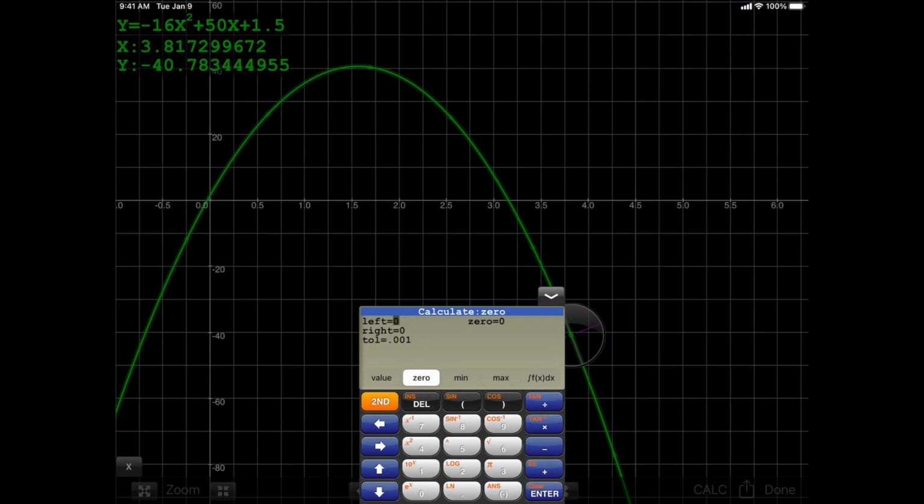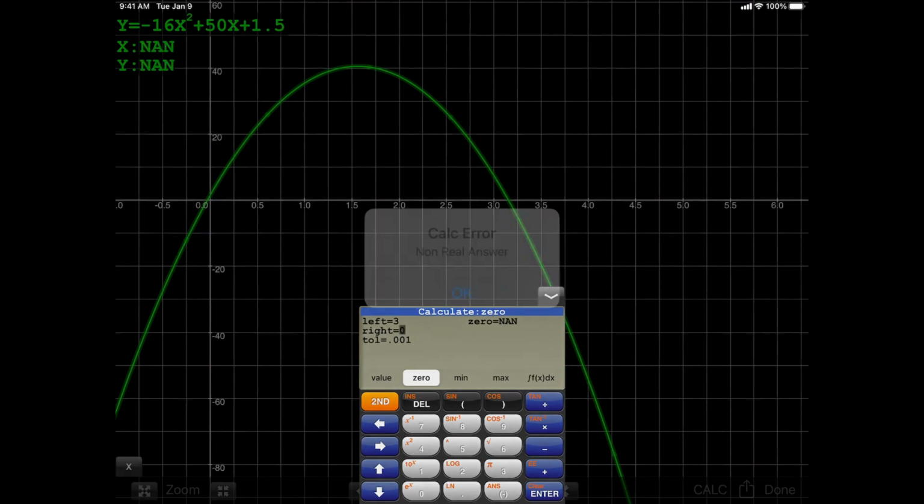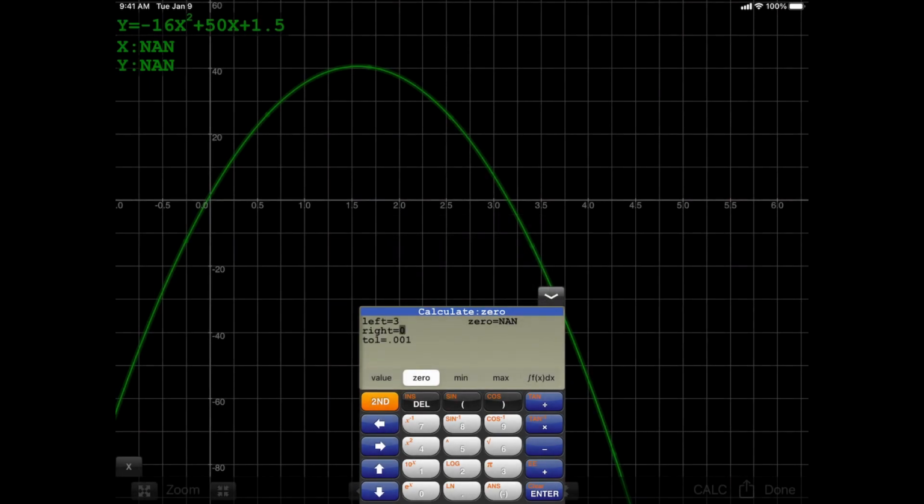And those are actually the perfect numbers to put as the boundaries. So 3 is my left boundary, my right boundary is 3.5. I don't know what TOL stands for. Well, once I clicked on it, my 0, it tells me, is at 3.15. And that's the answer, 3.15.